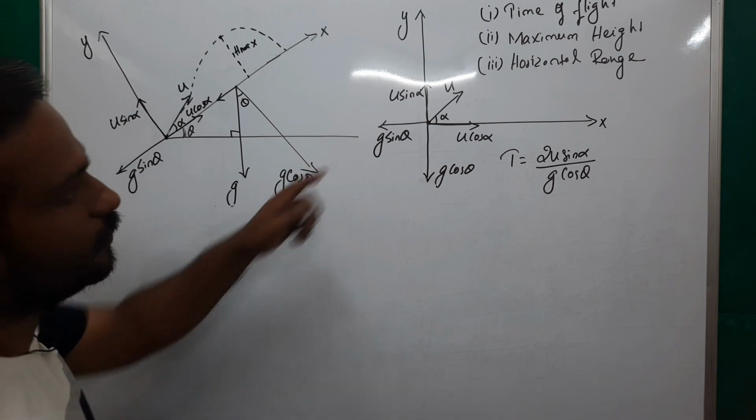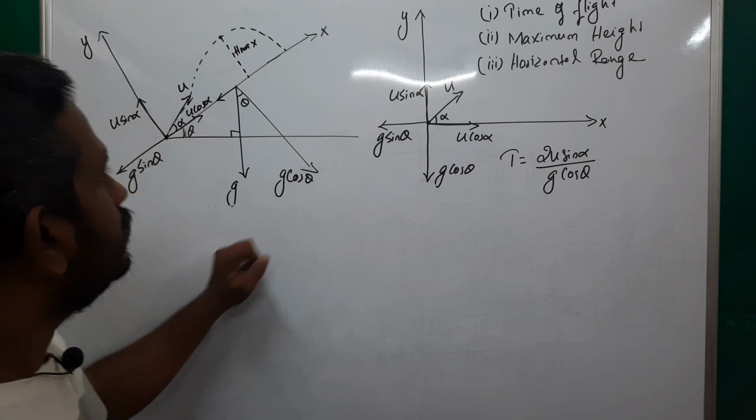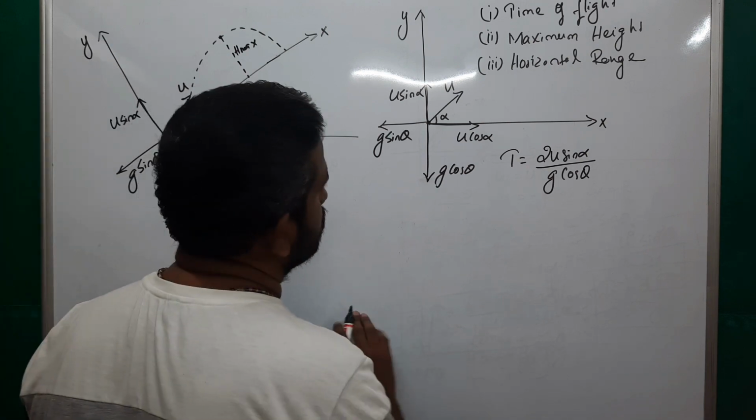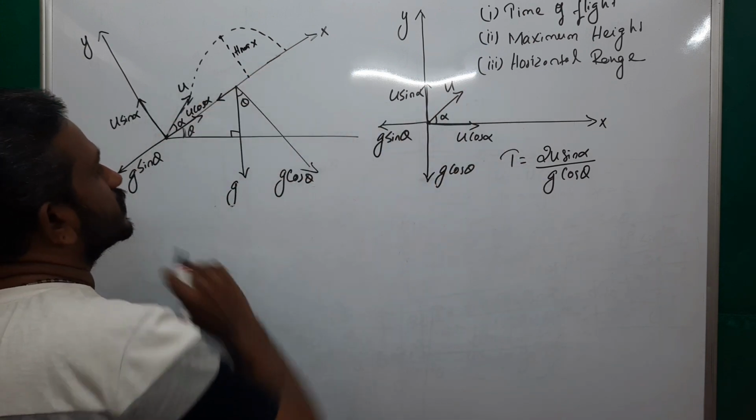So next we are going to find the horizontal range. What is horizontal range? That is the horizontal distance traveled by the projectile.